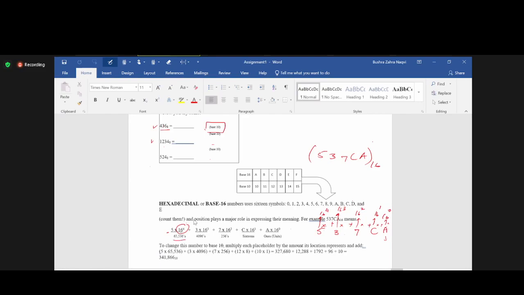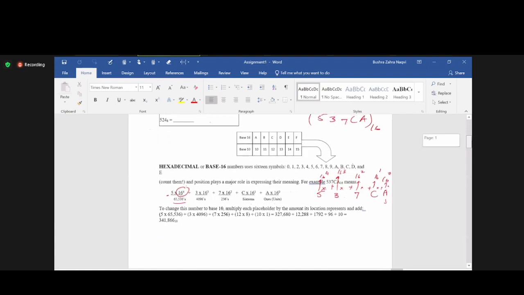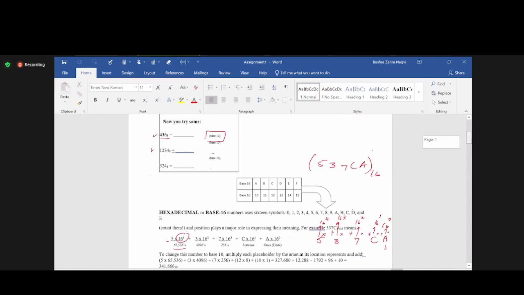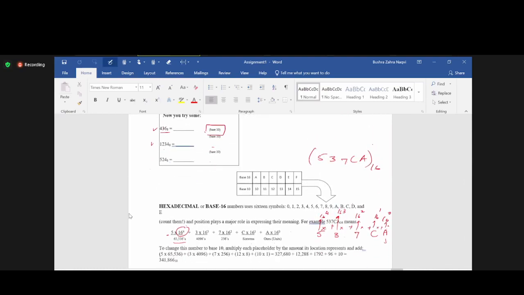It is 65536. This is a very common number in binary code. 65536. This is 4096, 256, and then 16, and then 1. Correct? So once you get the weights with your calculator's help, then you multiply them by their digits. 5 multiplied by its weight, 3 multiplied by its weight, and so on.